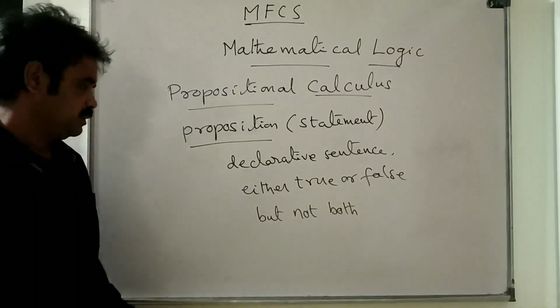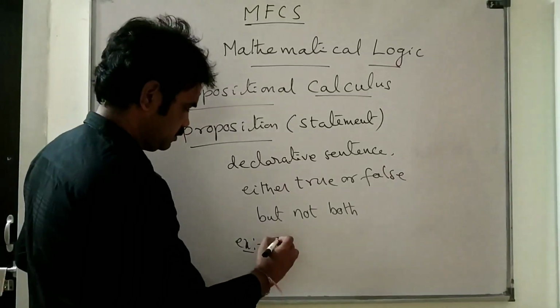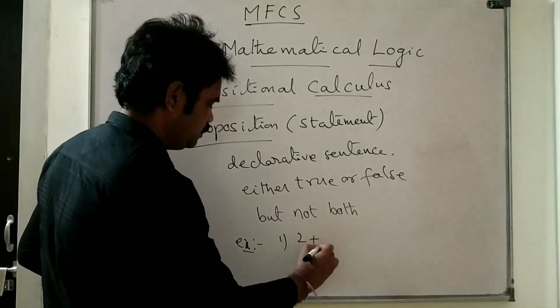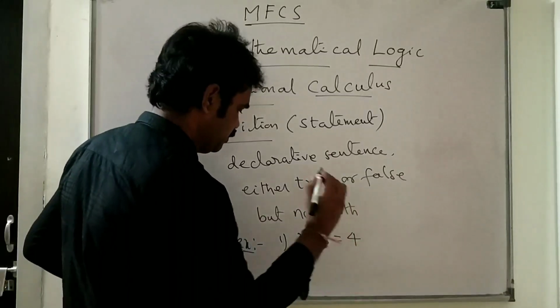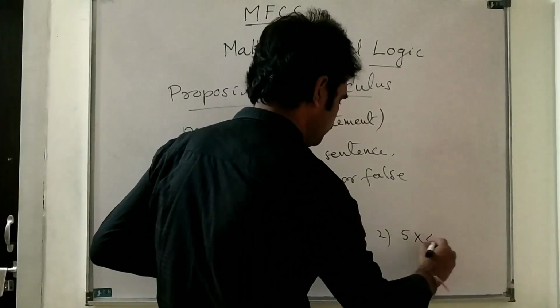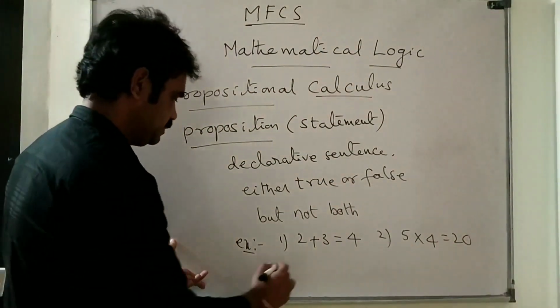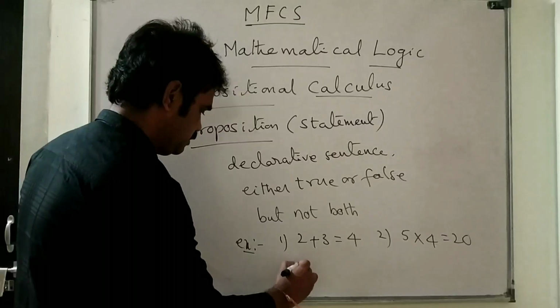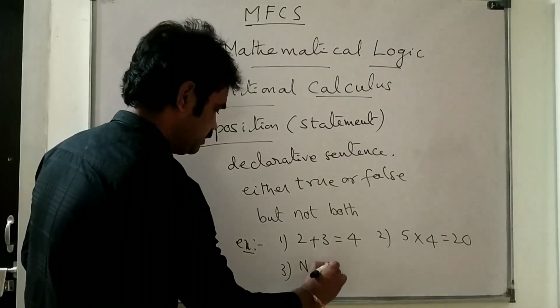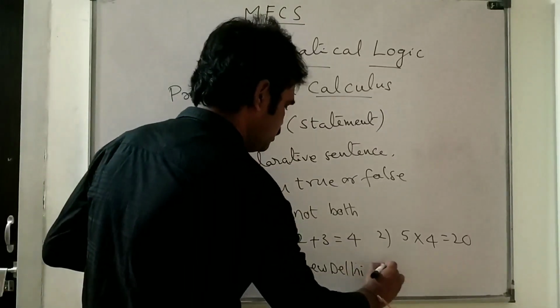See the example. Two plus 3 is equal to 4. Second one, 5 into 4 is equal to 20. Third one, New Delhi is the capital of India.